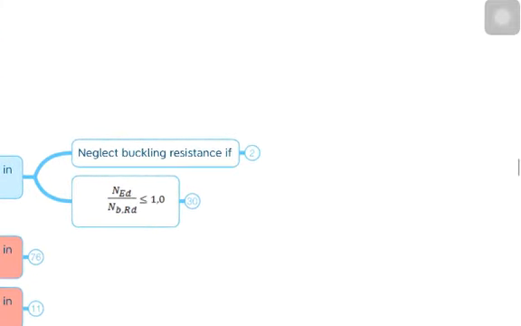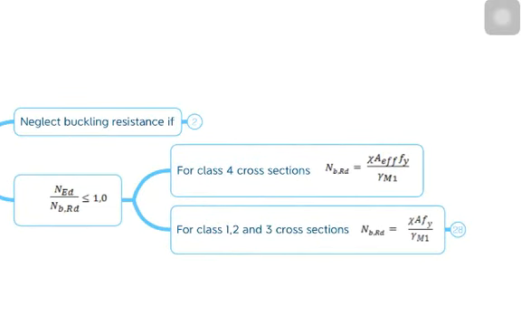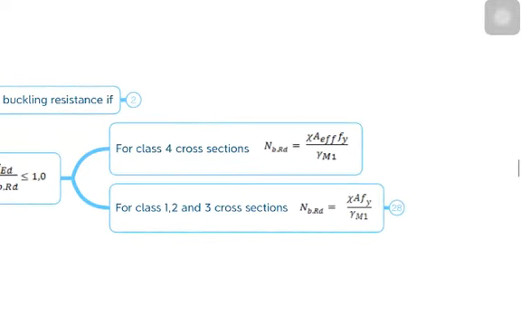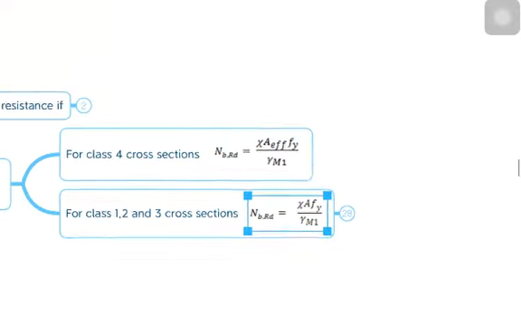So how do you define NBRD? NBRD is from these two. I would avoid finding class 4 sections. So NBRD equals chi AFY divided by gamma M1, that one here. It is for class 1, 2 or 3 cross section.